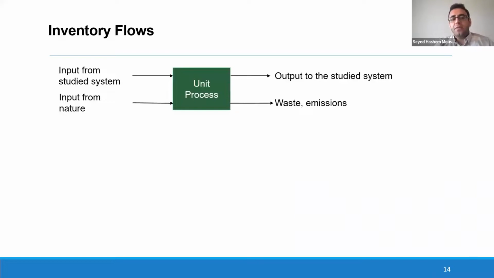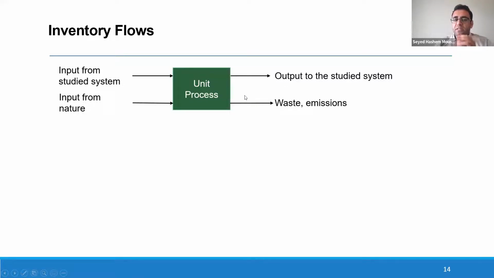The next step in doing LCA is inventory analysis. Here, we quantify the inputs from a study system or inputs from nature, and the outputs, including the main product, the byproduct, the waste, and emissions. We call this the unit process, where we define the input flows and output flows.